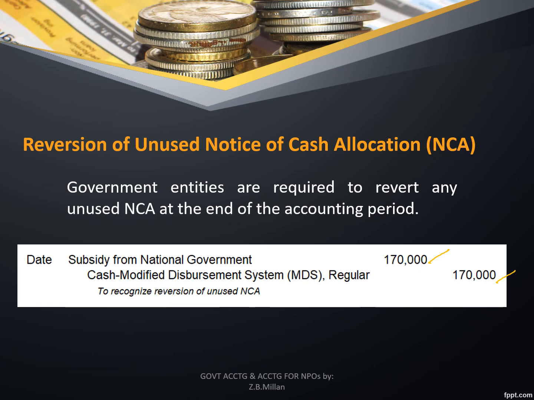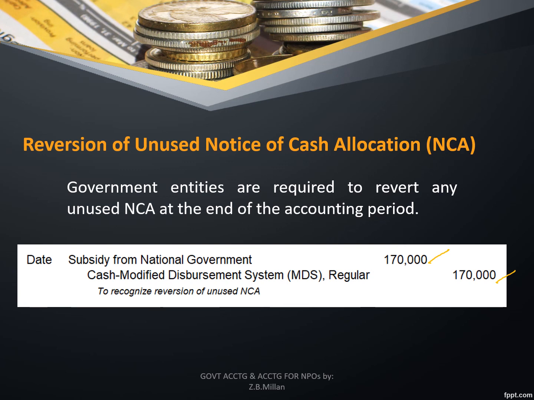So, once na by the end of the quarter, hindi na-utilize yung NCA for the quarter, the remaining portion of the NCA or the unused portion of the NCA shall be remitted or shall be reverted back to the Bureau of Treasury at the end of the quarter.